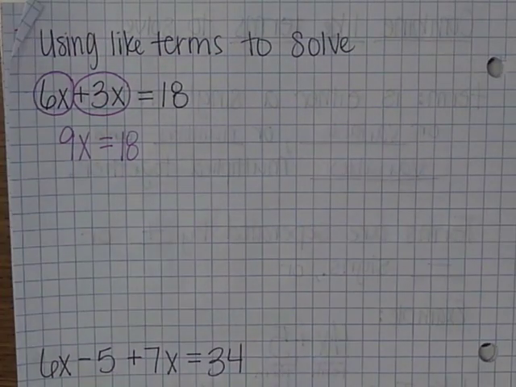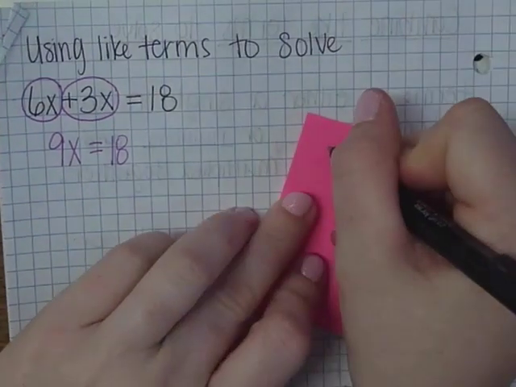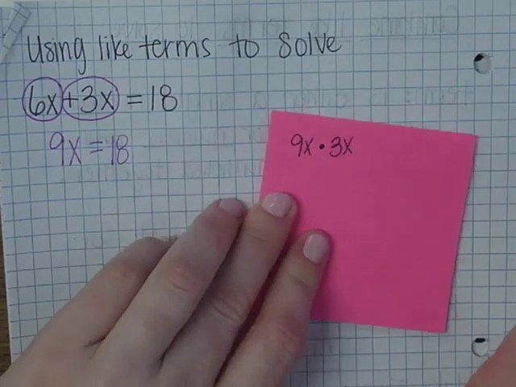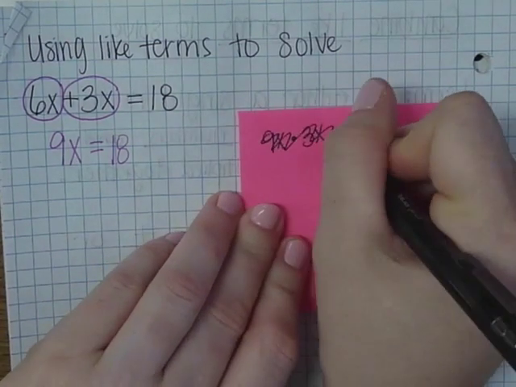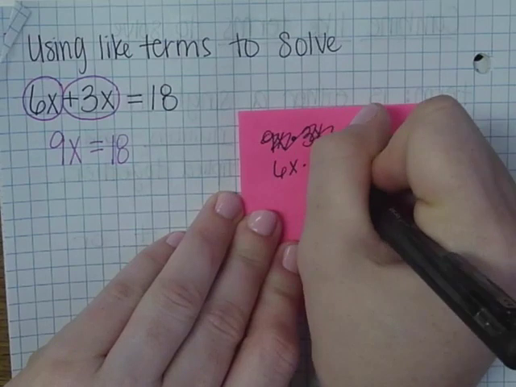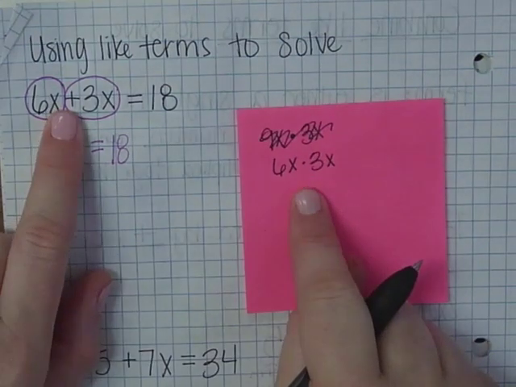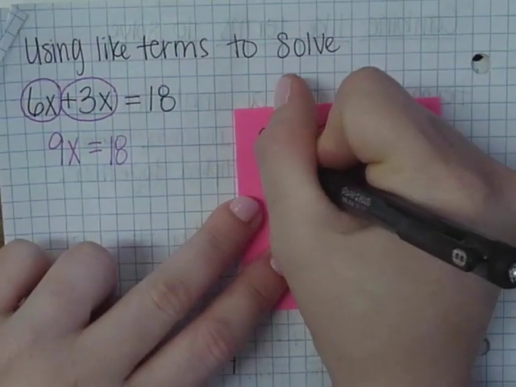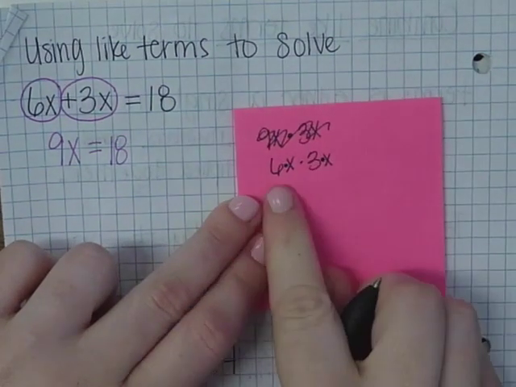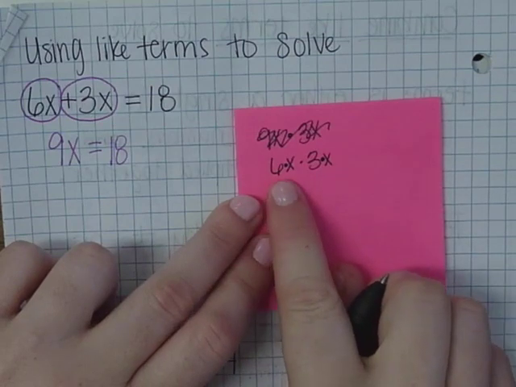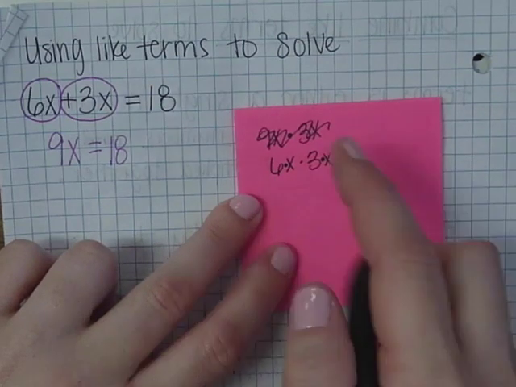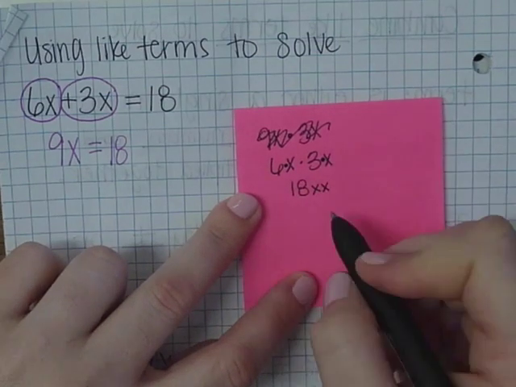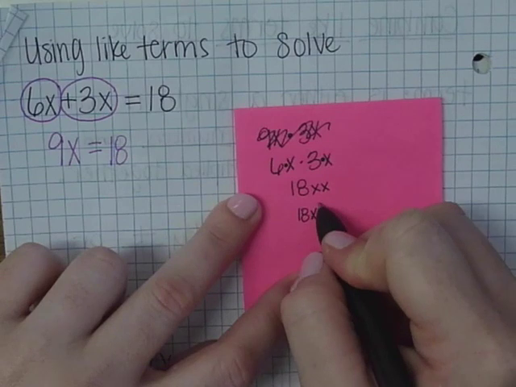Side note, just to remind you of something we were talking about. Remember when we were doing 6x times 3x? Notice the difference here. There's a plus sign here and not a plus sign here. When a number and a variable are right next to each other like that, that means they're multiplying. So pretty much all of this is multiplying together. 6 times 3 would be 18. x times x, or 18x squared.